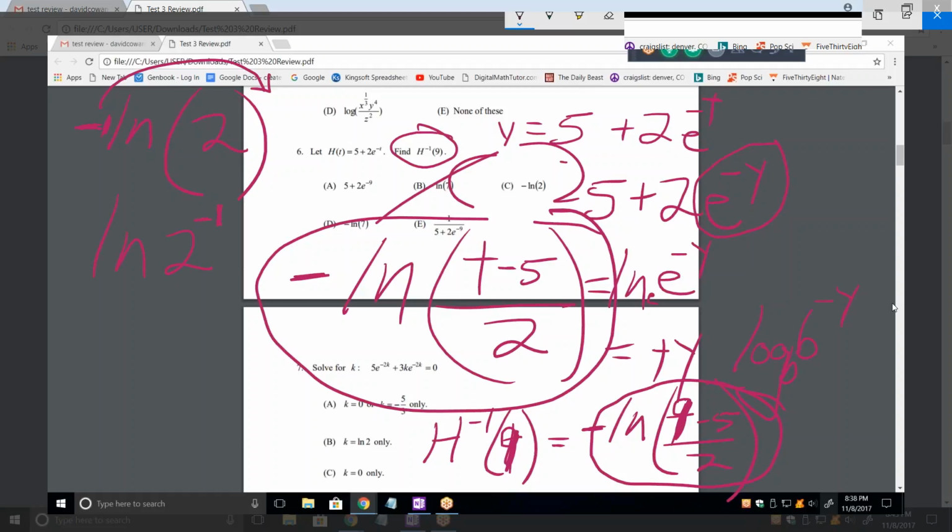And 2 to the minus 1 is the same as that. So that is the same as that is the same as that. So they could have had an answer on there, the log of 1/2, which is the same as minus the log of 2, or natural.